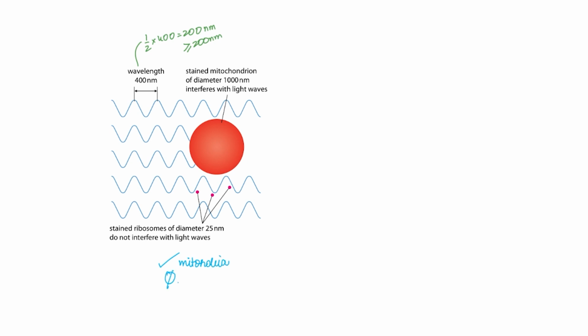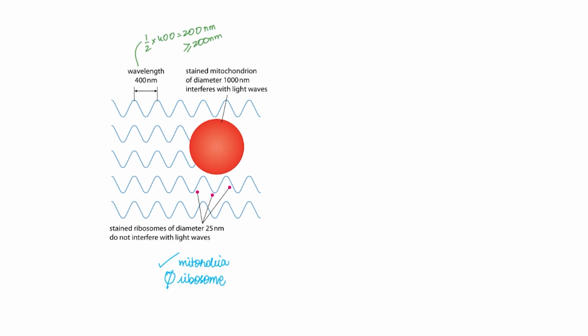The idea is that a light microscope has a resolution of 200 nanometers, because half of 400 is equal to 200 nanometers, which means the maximum resolution a light microscope can have is 200 nanometers.